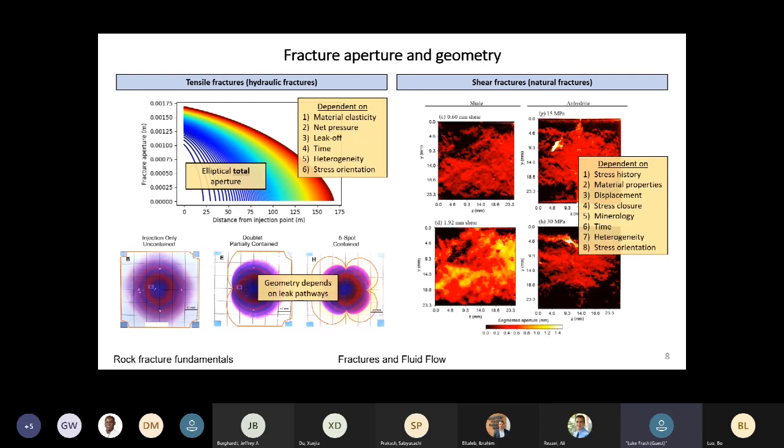But then as the flow gets further away and hits these more conductive zones, it'll go wherever those zones want it to go. So considering these kinds of heterogeneities and the randomness that these mechanisms introduce will dramatically change how a system performs from, say, one stage to another in a hydraulically fractured well for oil and gas, or whether or not you actually get communication between different wells in a geothermal system.